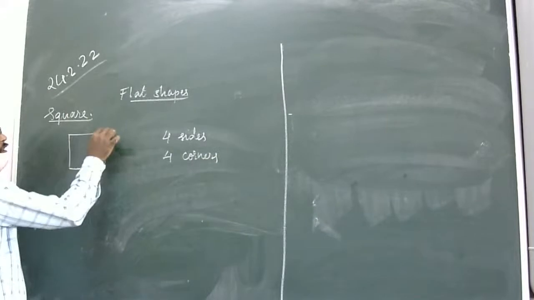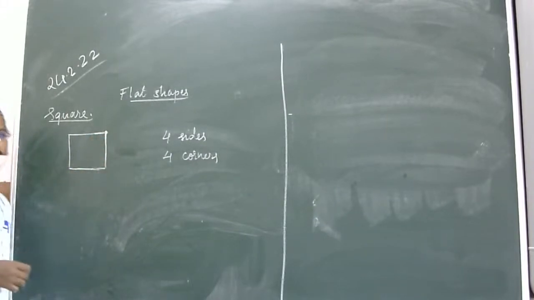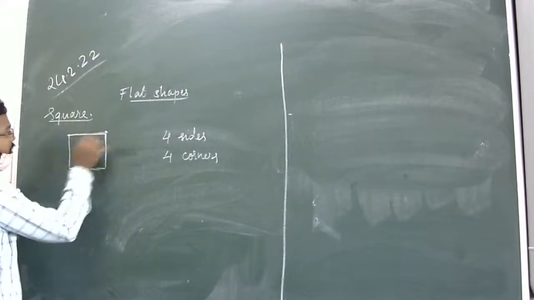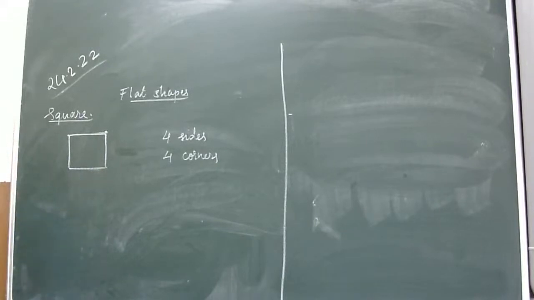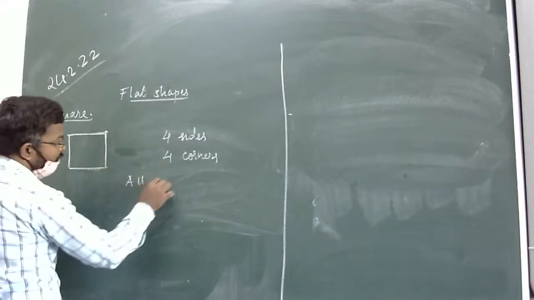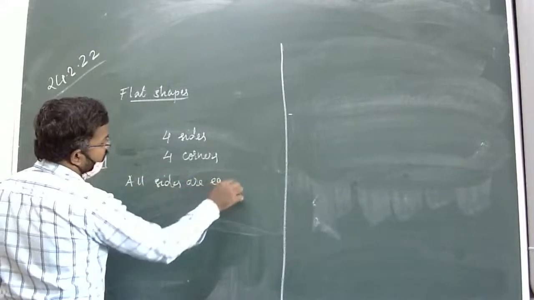This is your corners, and this line segment is called a side. And now, can you tell me what is the special property of this square? In a square, are all sides equal or not? It is equal. All sides are equal.